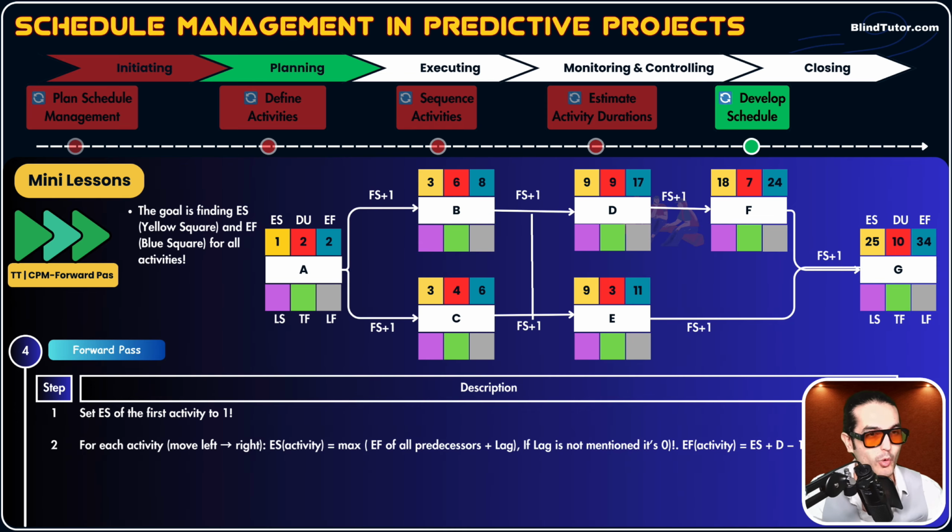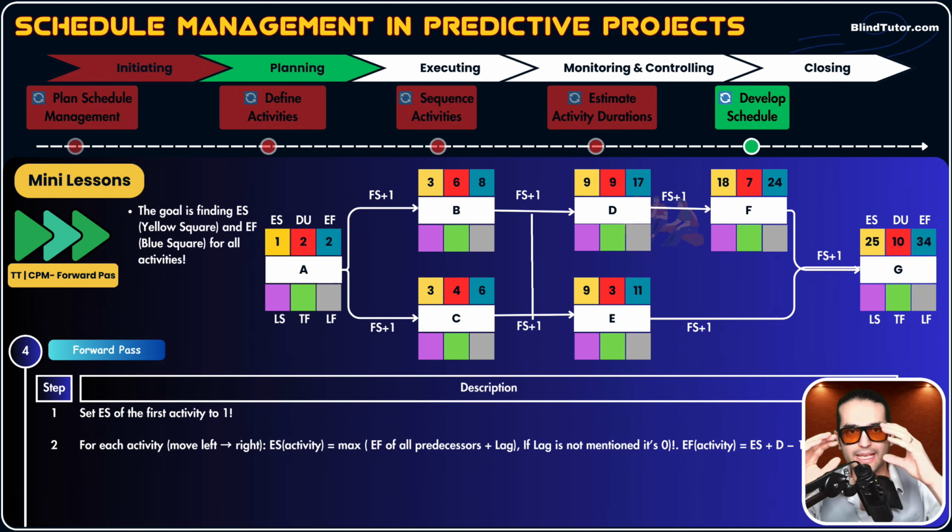Now, it gets more interesting. We're going to calculate ES of activity D, guys. How many predecessors does activity D have? Is it 1 or 2? Come on, 2. Thank you. So activities B and C are considered predecessors of activity D. Okay?